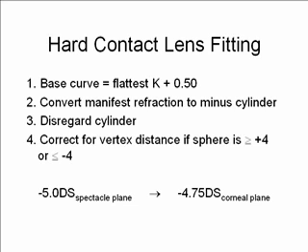The next thing that we do is we need to correct for the vertex distance if the sphere has an absolute value that's greater than or equal to 4. So a -5 diopter at the spectacle plane is going to be -4.75 at the corneal plane.